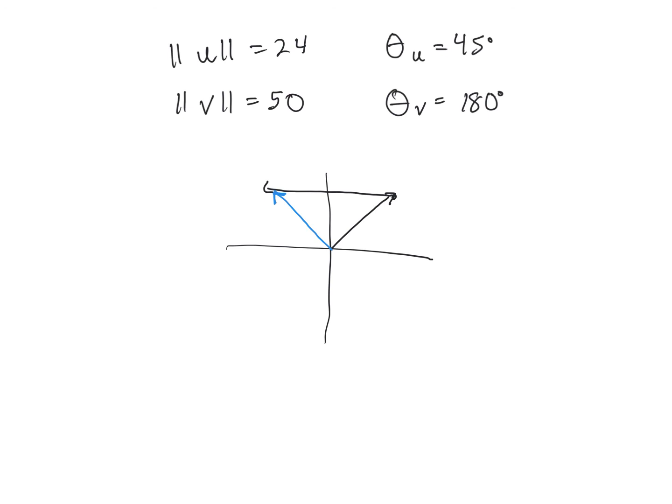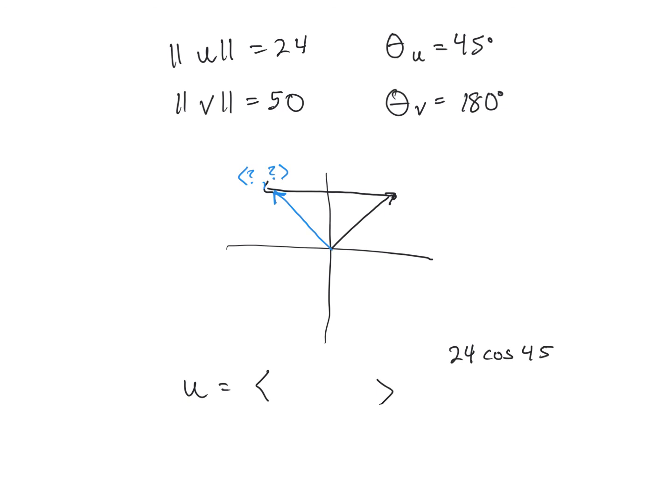But we have to find the components of what that actually means. To do that, we first find the components of u and the components of v. To find the components of u, the x is 24 times cosine of 45.